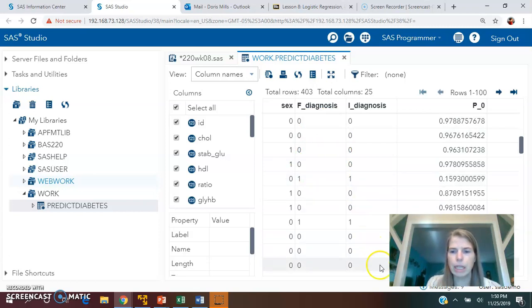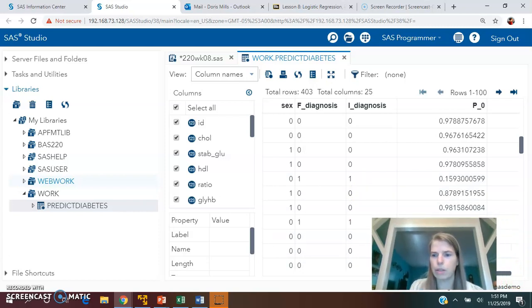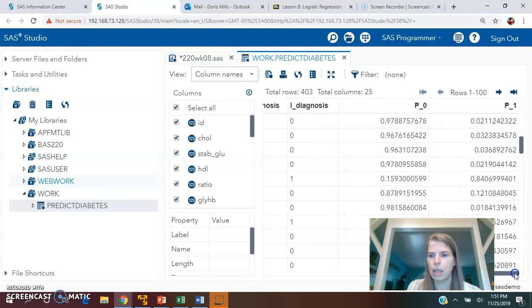Now, let me scroll back over, if I can, just a moment, please, and talk for a moment about any two observations compared against each other, and talk about percent concordant.